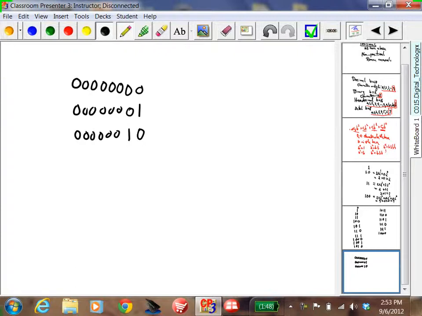So what's the largest number you can store in a computer in 1 byte? Well, it'd be all ones, right? The 8 ones. What would that number be? Well, we need to learn the powers of 2.